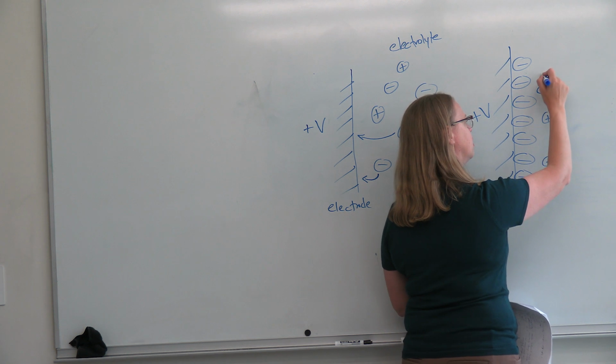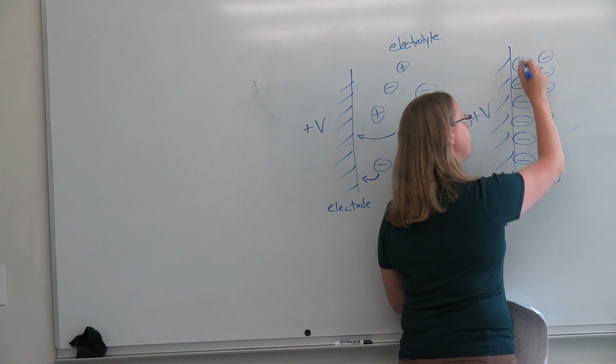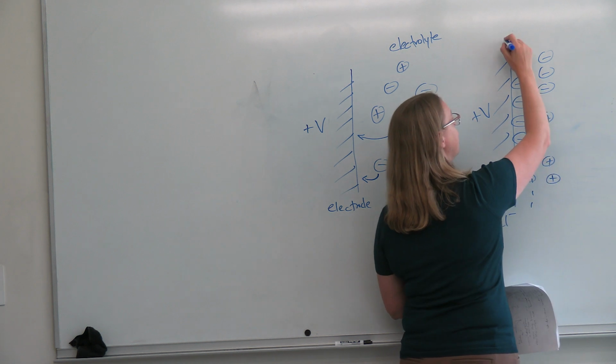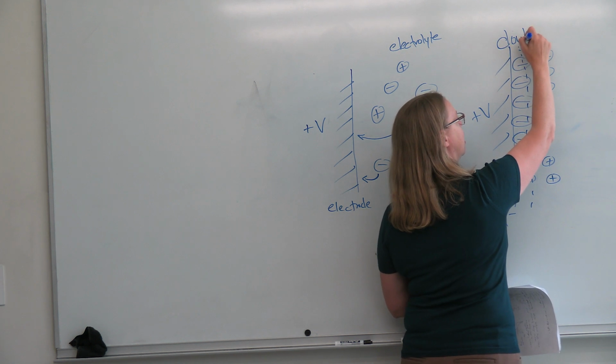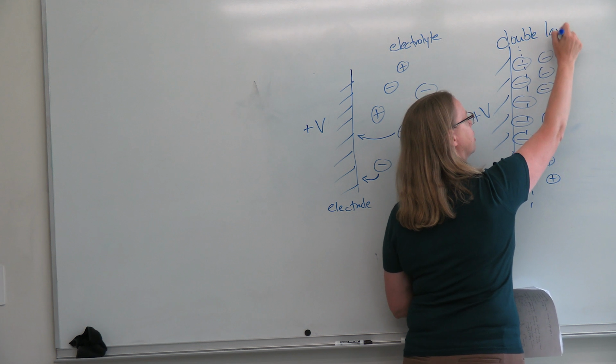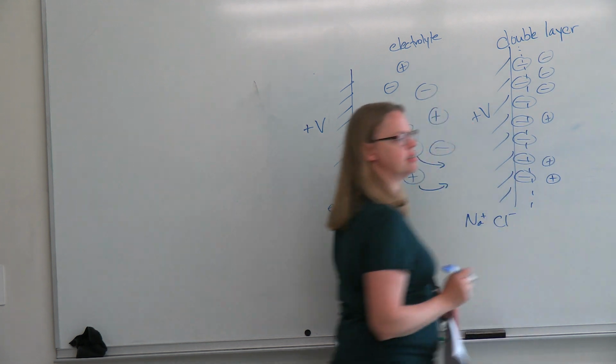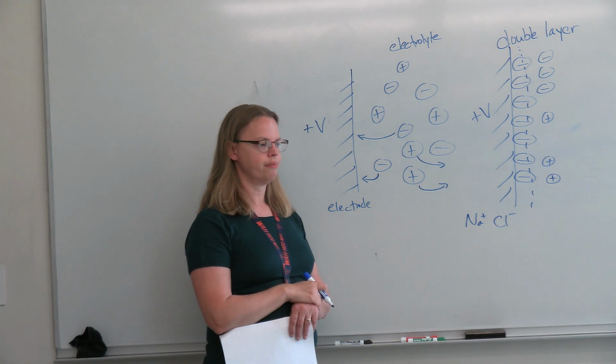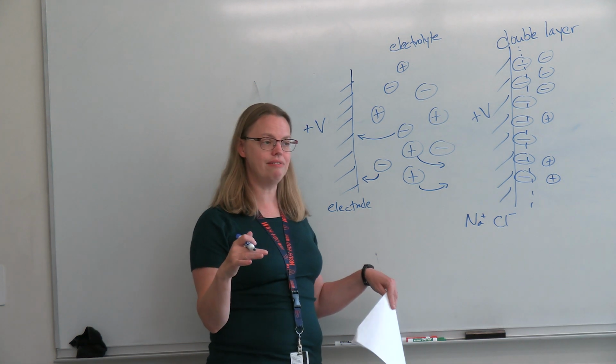There'll still be negative ions in here. But this kind of structure here has a name. It's called the double layer. This is a very important concept in electrochemistry, that it doesn't matter if I have any analyte.